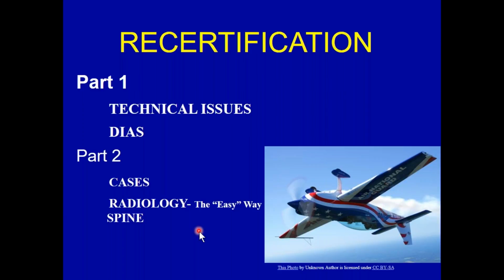In the second part, in the radiology, the easy way, we identified, again, based on some of the comments we have received from you, how do I make sure I get a good AP open mouth as an example? So we worked our way through the majority, if not all, of the spine projections or views that you would typically take and identify key points that would help you get a high diagnostic film, and hopefully showed you some helpful hints that would make it a lot easier for your day in and day out work.